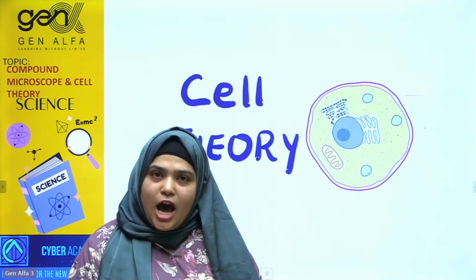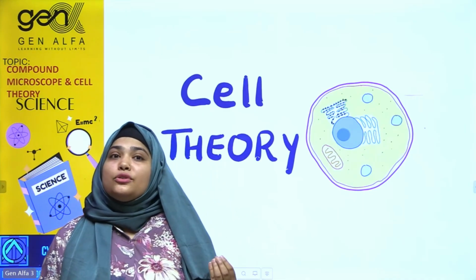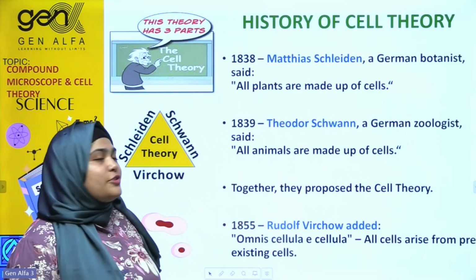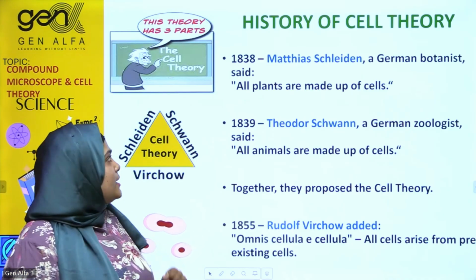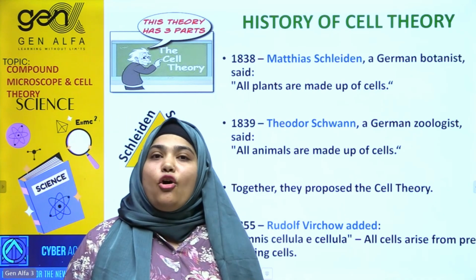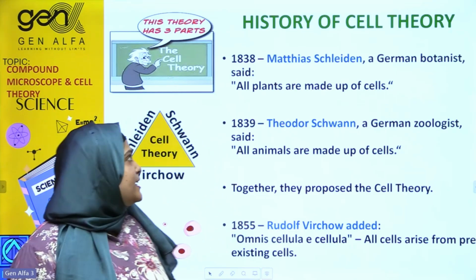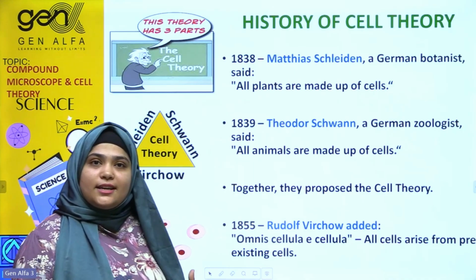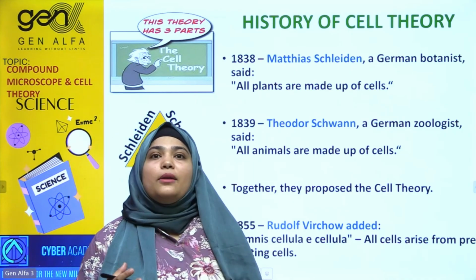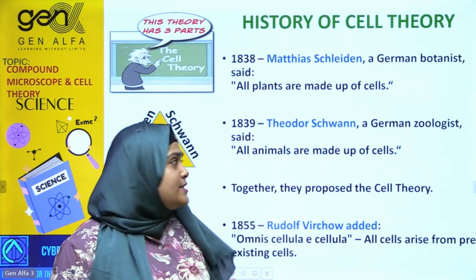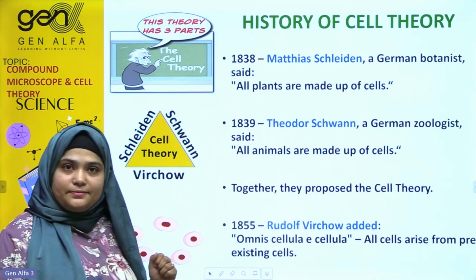Now it's time to discuss, students, how microscopes were used to develop the cell theory. History of cell theory. There are three scientists involved in developing the cell theory. The first scientist, Matthias Schleiden, was a botanist observing plants, and he found that all plants are made up of cells.